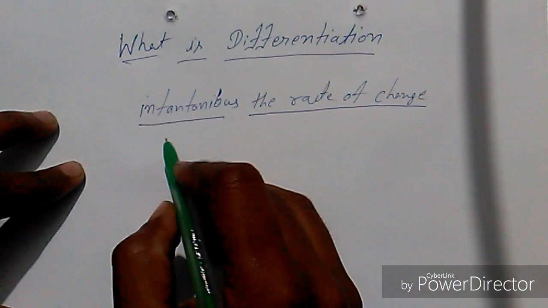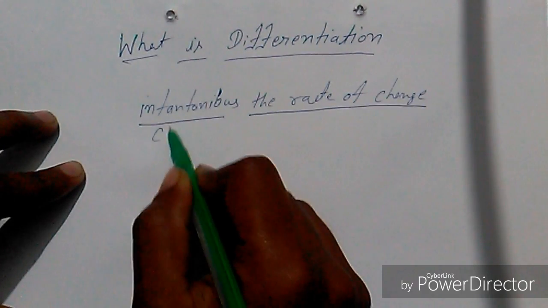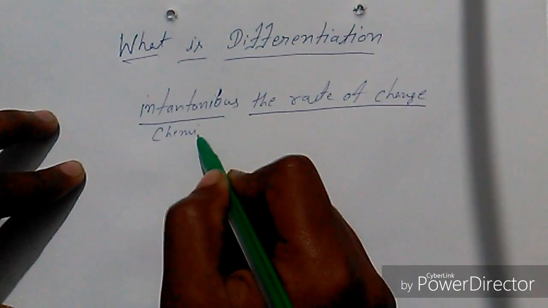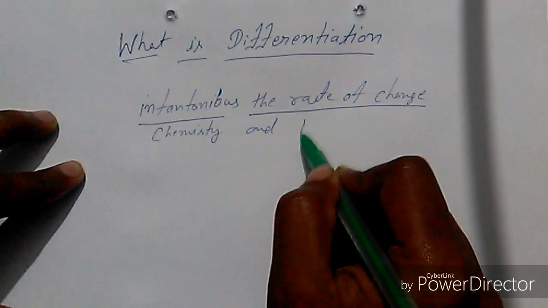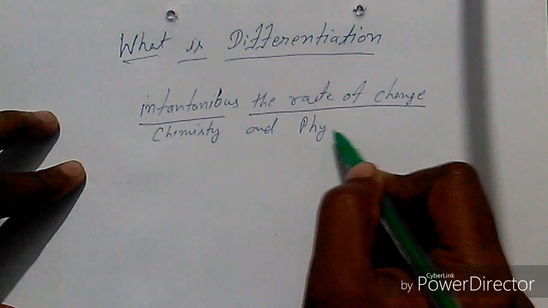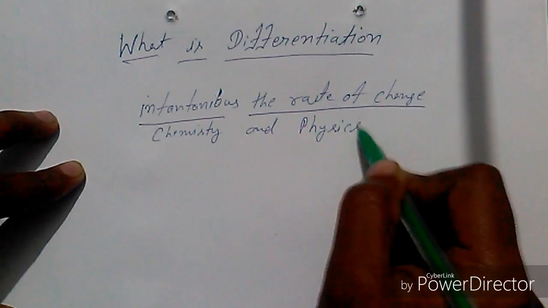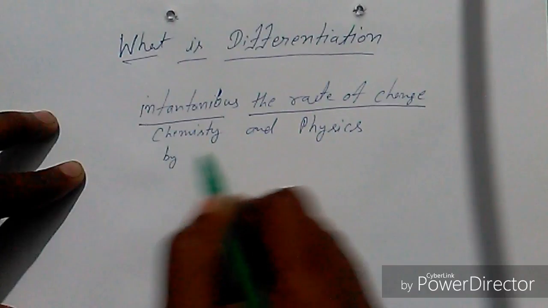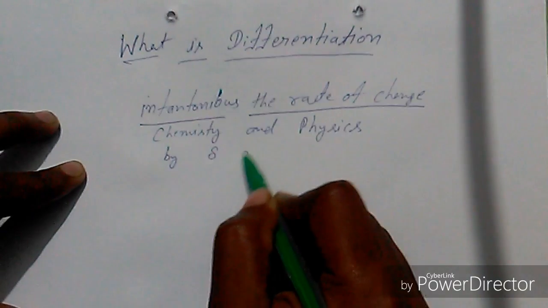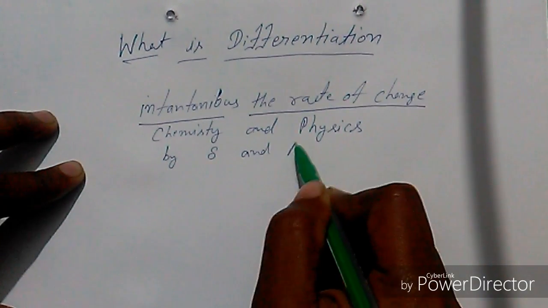And in science, in chemistry and physics, we denote it by curly d and del.